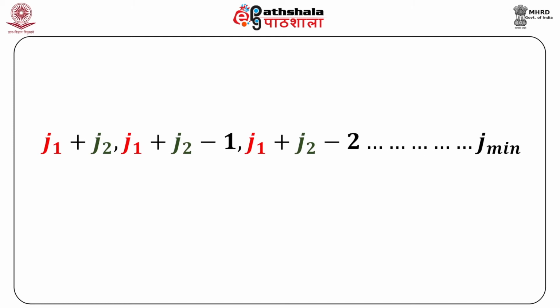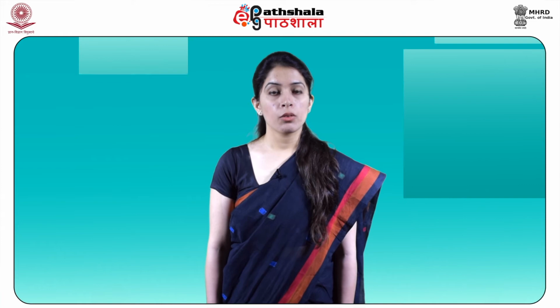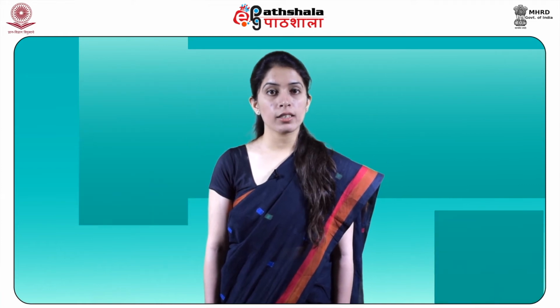Continuing in this manner, we find that the possible values of J are j1 plus j2, j1 plus j2 minus 1, j1 plus j2 minus 2 and so on till J minimum, where J minimum is the lowest possible value of capital J. Now the last task is to find the lower limit, J min.